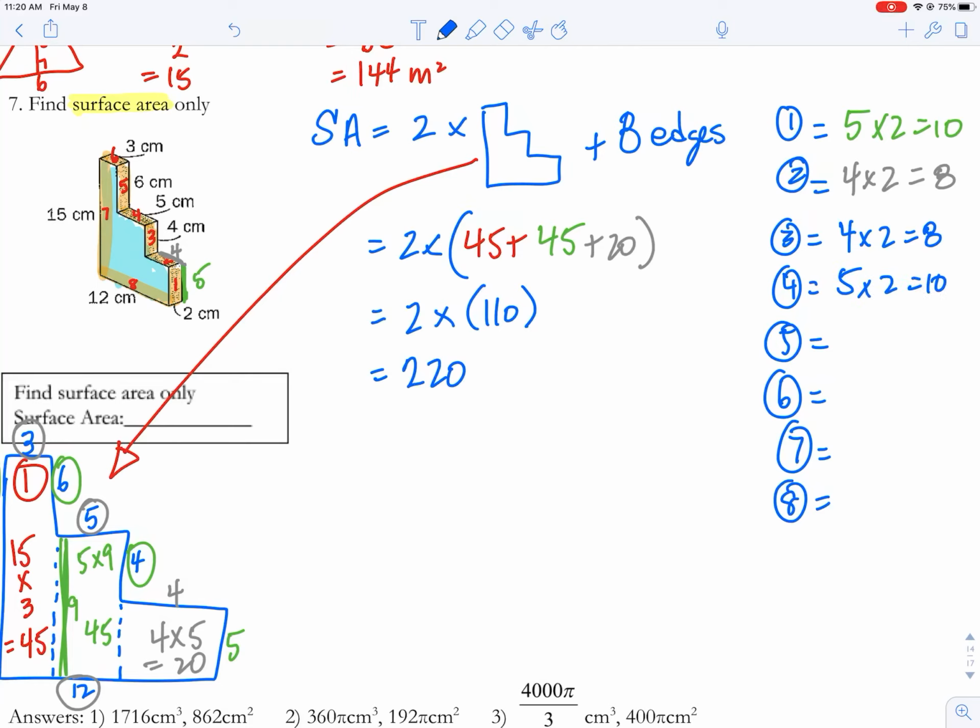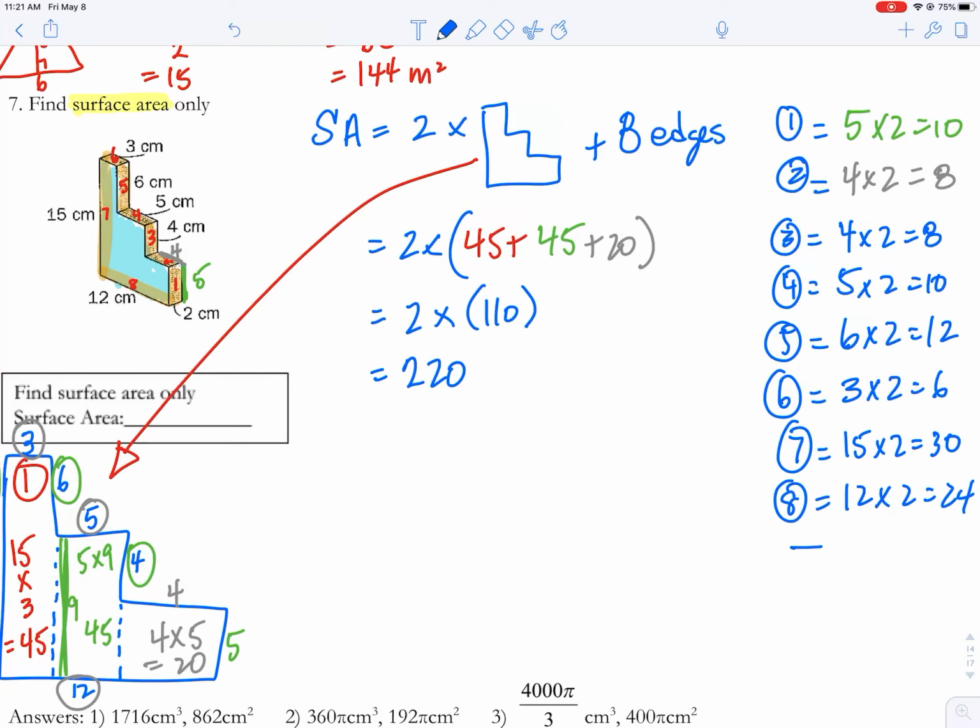Shape 5 is 6 times 2, which is 12. Shape 6 is up at the very top there. That's 3 times 2, which is another 6. Shape 7 is the big tall one. It's 15 times 2, which is 30. And shape 8 is the bottom one it's sitting on, so it's going to be 12 times 2, which is 24.